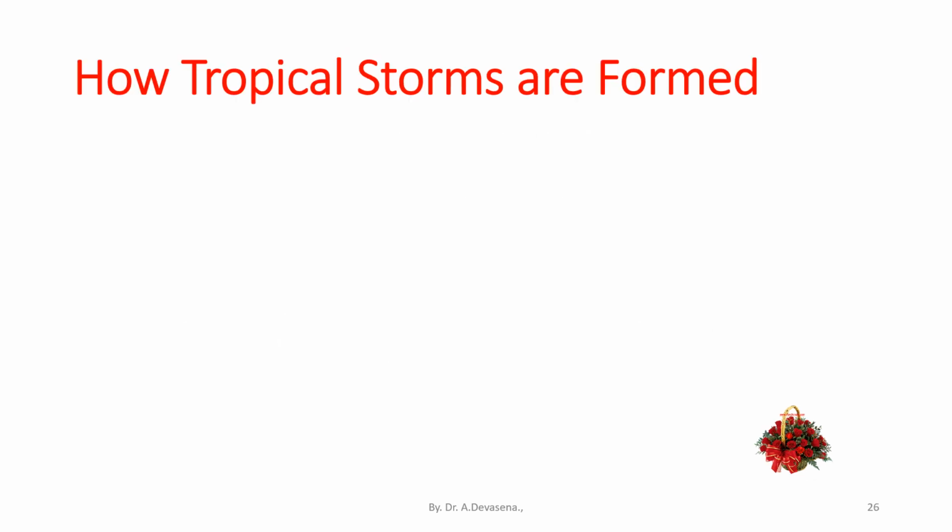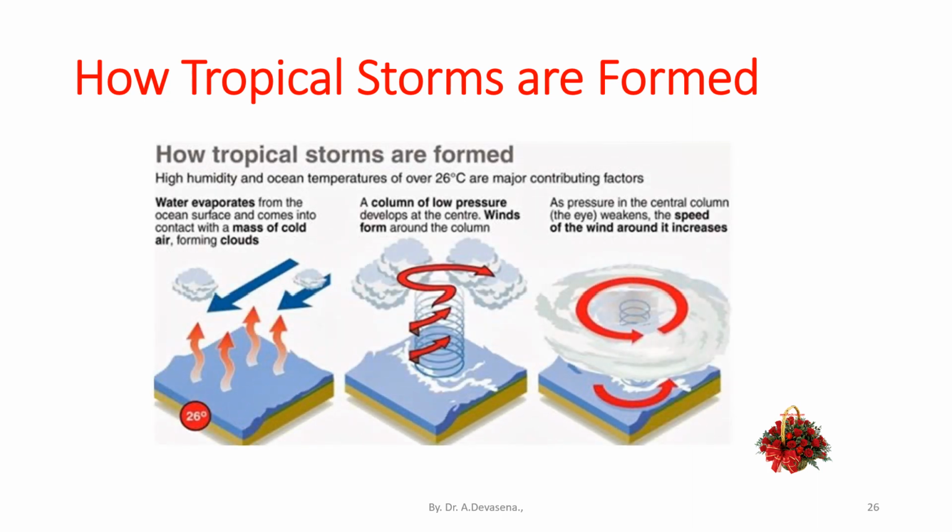How tropical storms are formed. In the first diagram, water evaporates from the ocean surface and comes into contact with a mass of cold air, forming clouds. This is indicated in this first diagram, that is at 26 degrees Celsius.